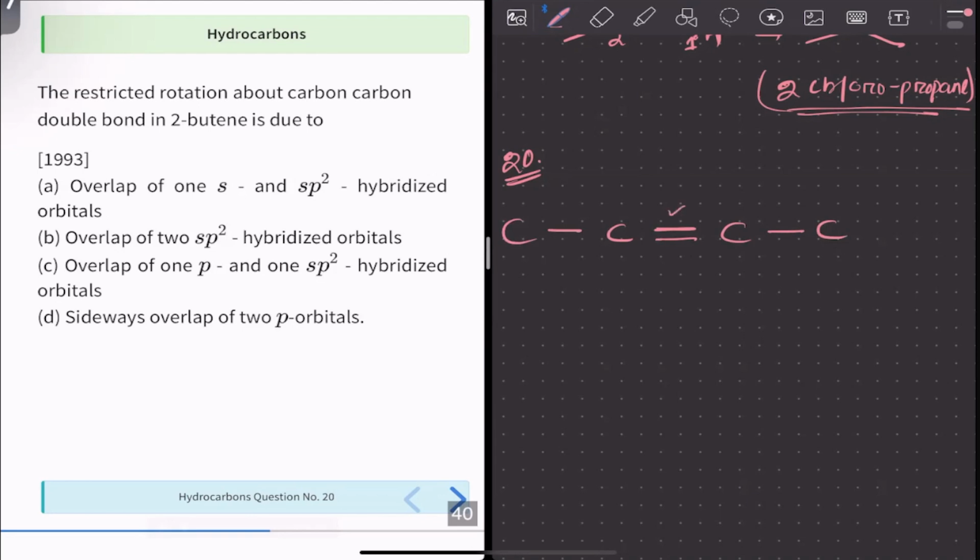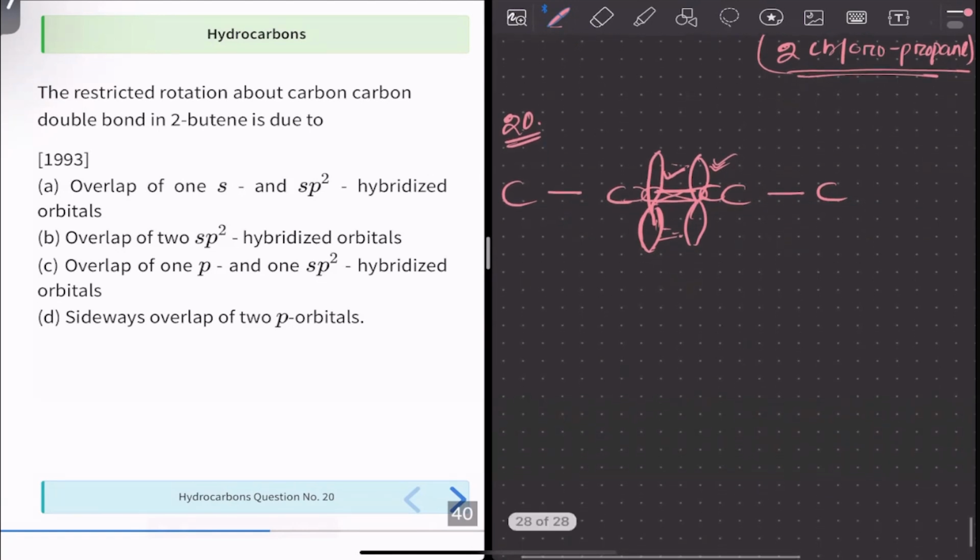In this double bond, there is a sigma bond, that is head-on overlapping like this, and there will be a pi bond, which is like this. This pi bond is not able to rotate. That's why the motion of the double bond is restricted.